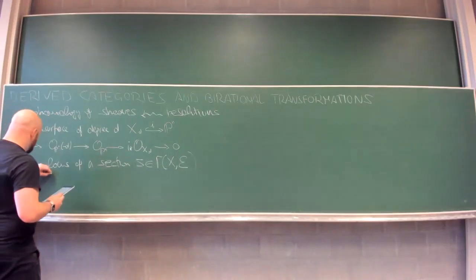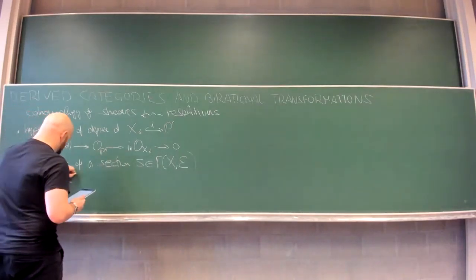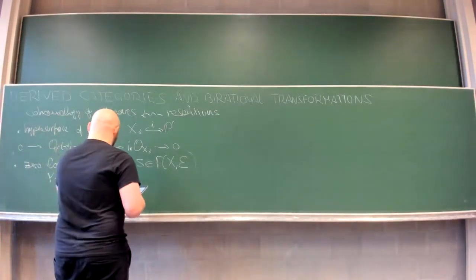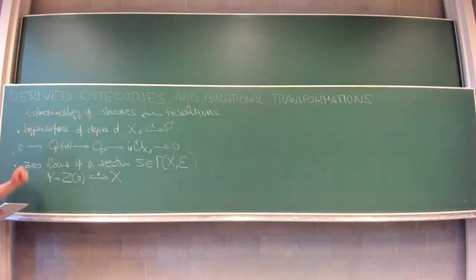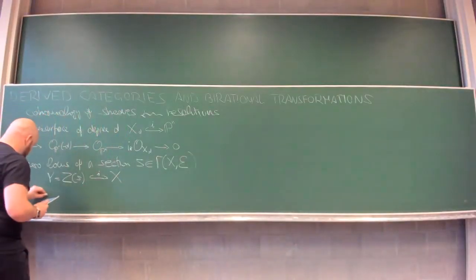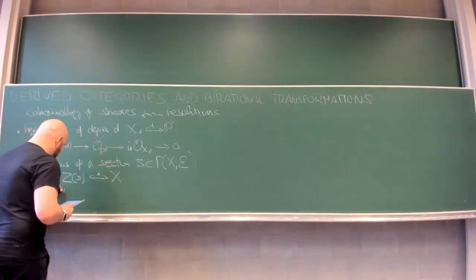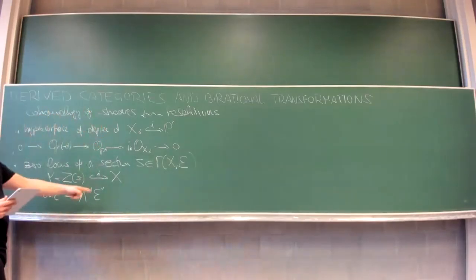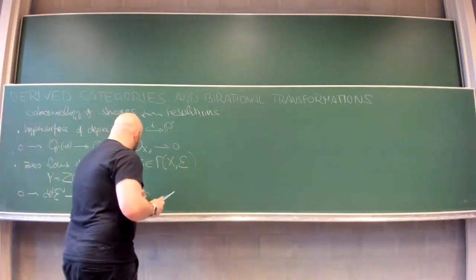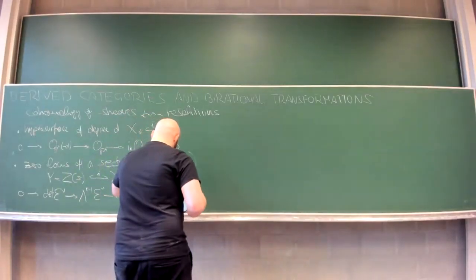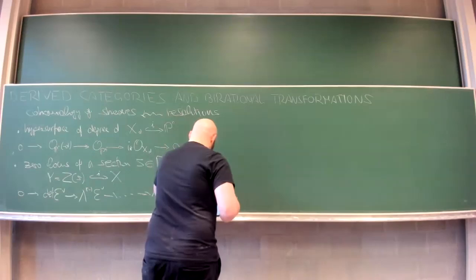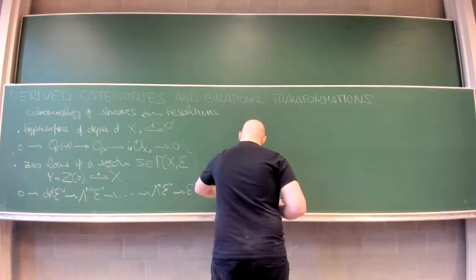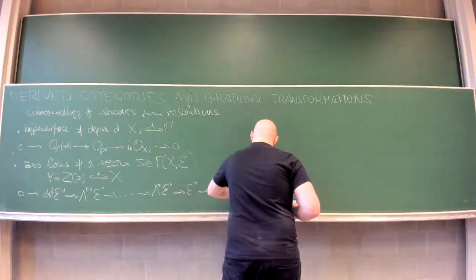If we call Y the zero locus, and call I again the embedding inside the variety X, then we have the Koszul sequence, which is something like this: the determinant of E dual, then wedge r minus 1 of E dual, where r is the rank of E. Then you know how it goes. We end up with wedge 2 of E dual, E dual, O, and then we have I push forward of O of Y.